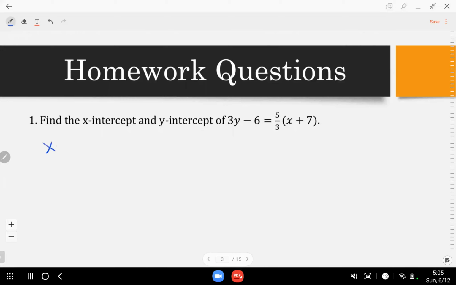To find the x-intercept, we have to pretend that y equals 0. So it is -6 equals 5x over 3 plus 35 over 3.